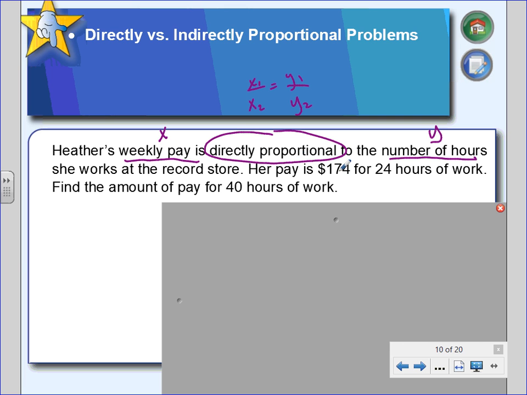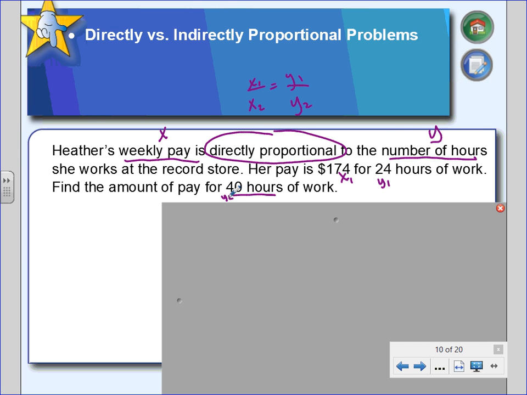So pay is x, so that's my x1. For 24 hours. Well, 24 hours goes with the x1, so it's our y1. We're wondering how much, or find the amount of pay for 40 hours. Hours is y, so that means 40 is your y2.